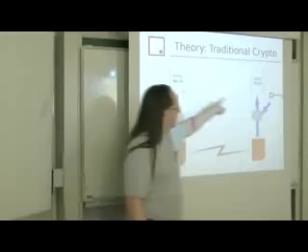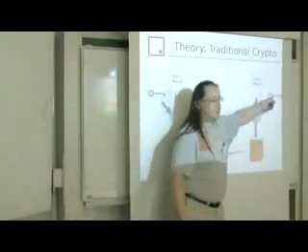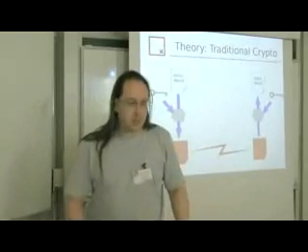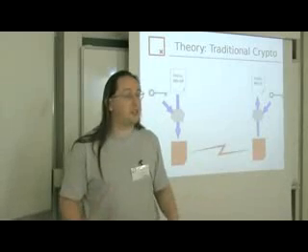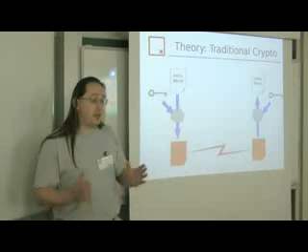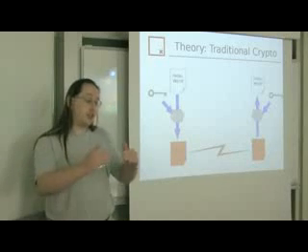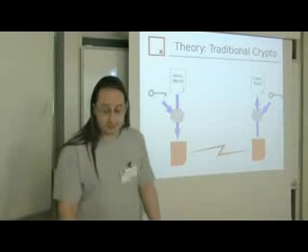The thing is that both of these keys have to be the same, so somehow you've got to get that key to this person. You usually do that by prearranging your keys. So, for example, in the Second World War, the keys were arranged in cipher books, and that said, on this day, you will use this key for your messages.